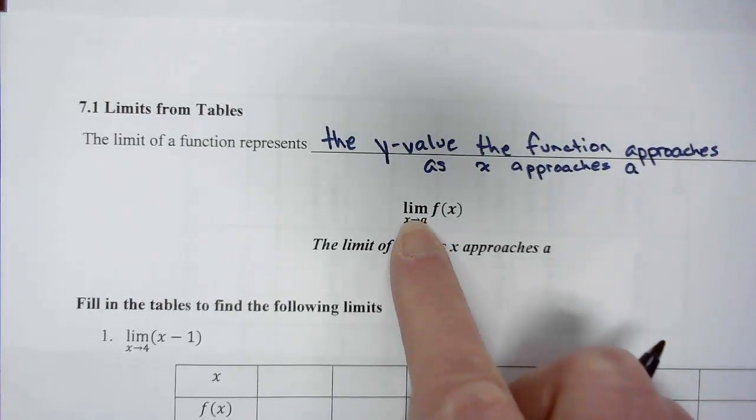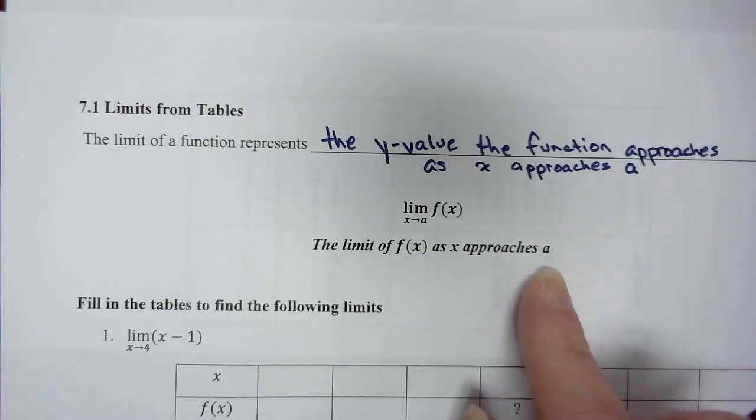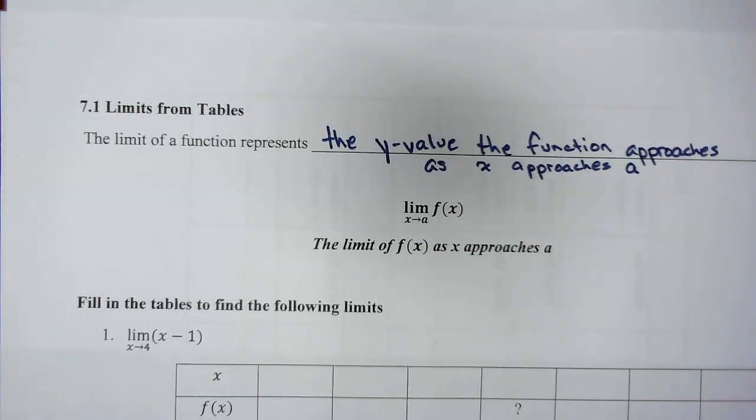So the way we read this is the limit of f of x as x approaches a. We're looking for what y value f of x is approaching as the x values get closer to whatever that value is.